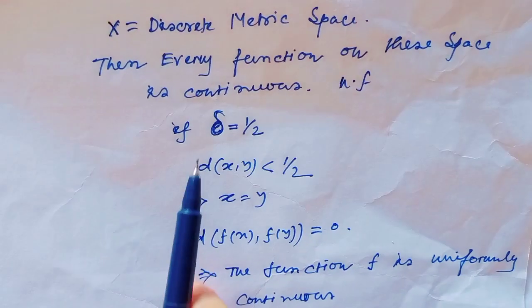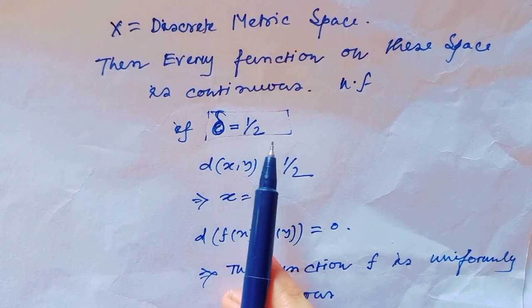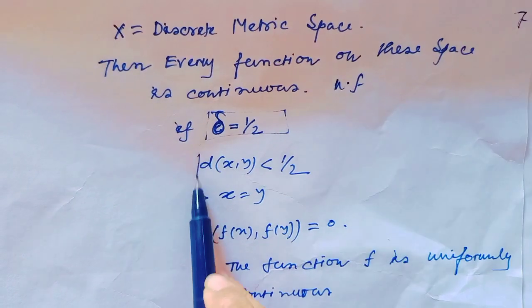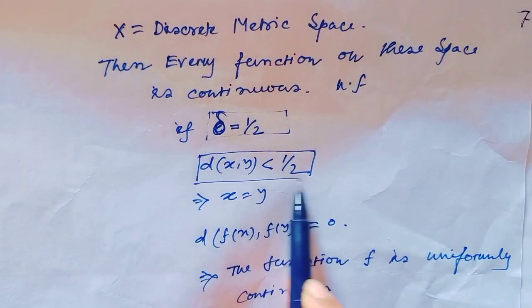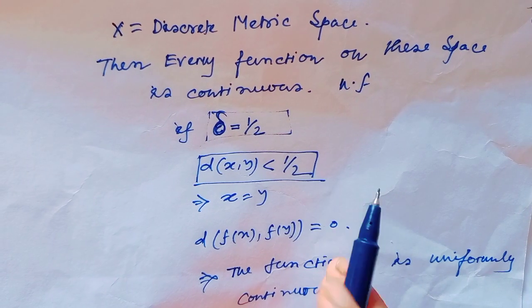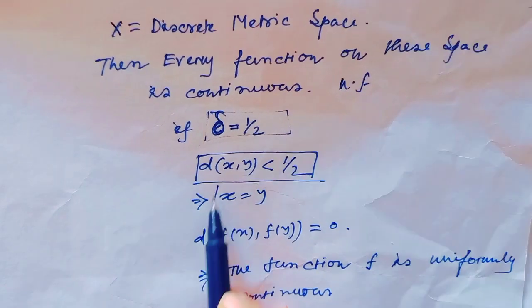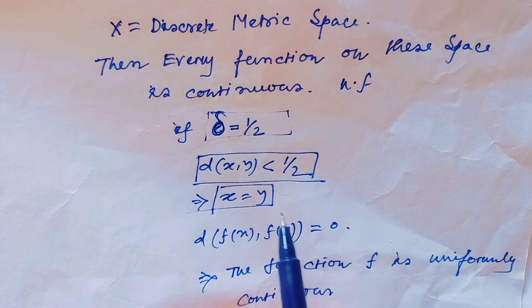For this, consider delta equal to half. If delta equals half, then d(x,y) less than half, and this is true in a discrete metric space only when x equals y. We all know this.